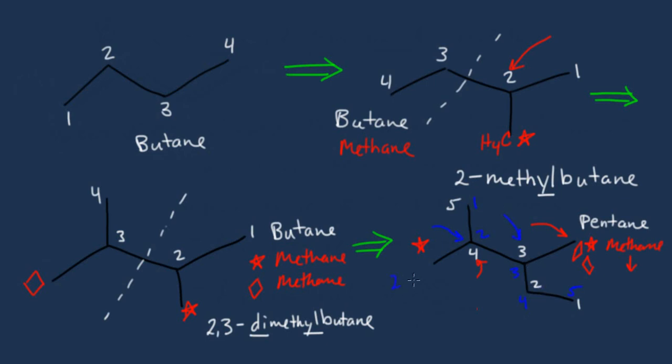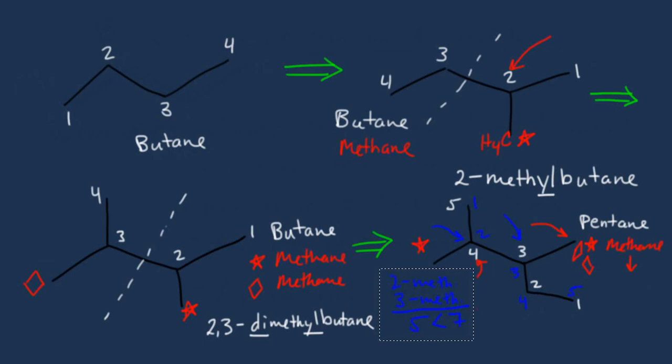And so if we do a 2, meth abbreviated, and a 3, meth abbreviated, our sum is 5. Well, if you remember from the last addition that we did, 5 is less than 7. And we want the numbering that gives us the lowest sum. And so we're going to follow the carbons that are numbered in blue.